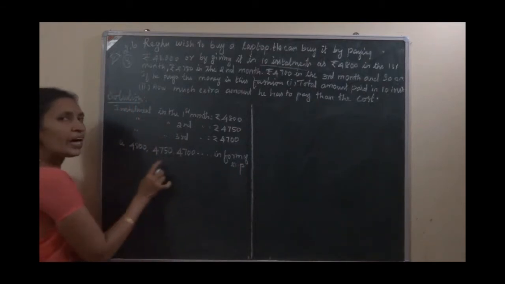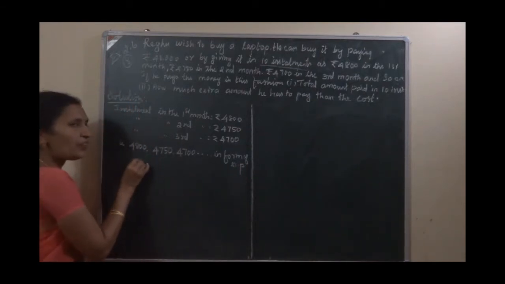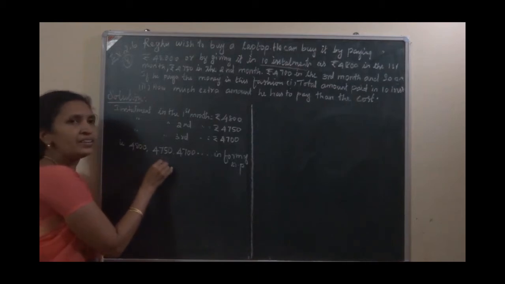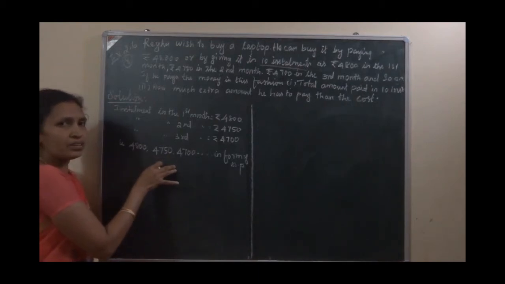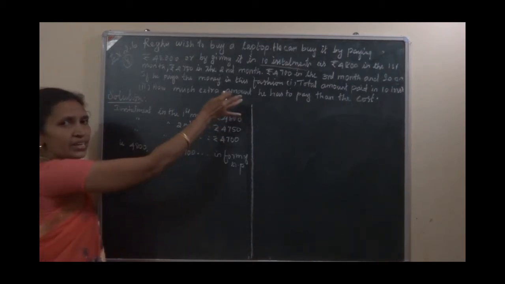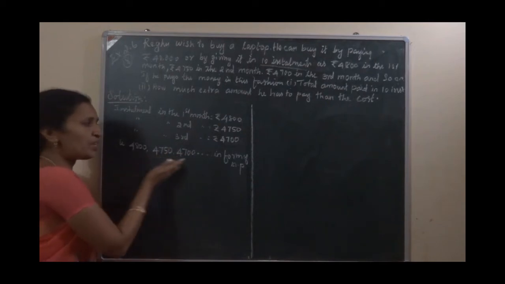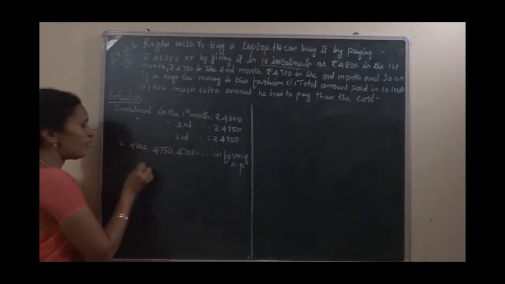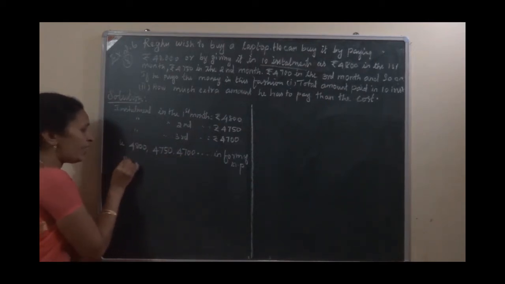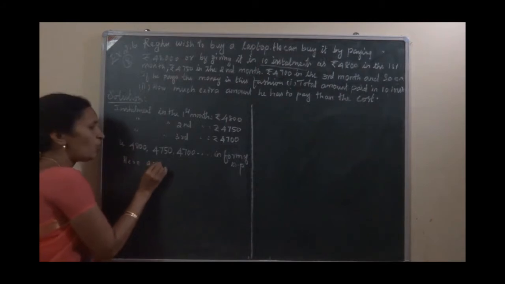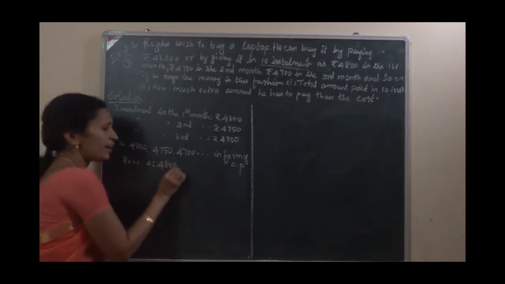Now you can find the value of a, d, and n. N is already given: 10 installments. From this sequence, the value of a is 4,800.